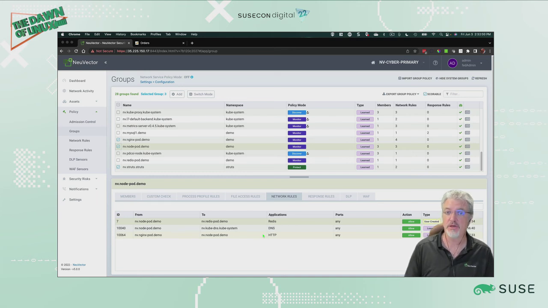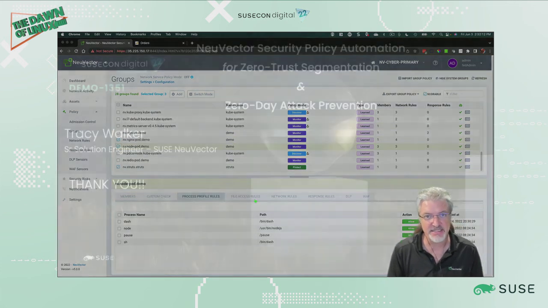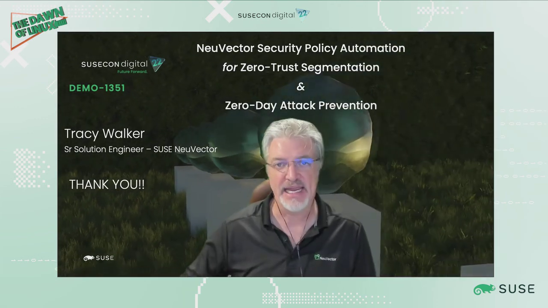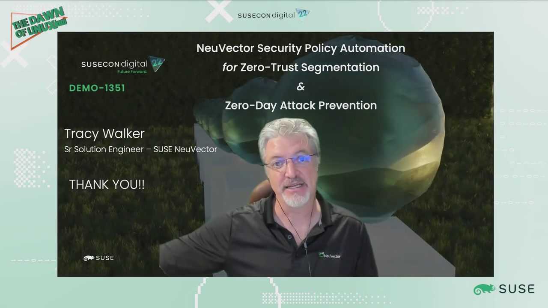And we know your application behavior because we have these network rules and process rules. So that's how NeuVector is able to lock down a Kubernetes cluster using zero trust segmentation at network, process, and file access levels. We're able to establish that zero trust. Anything that we don't trust has to sit outside the gate and doesn't get allowed in.